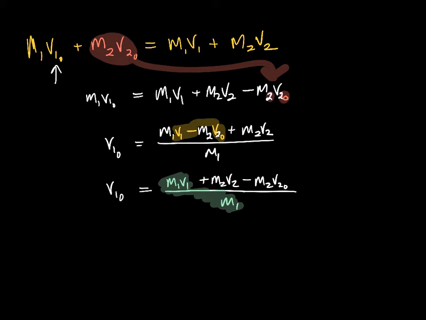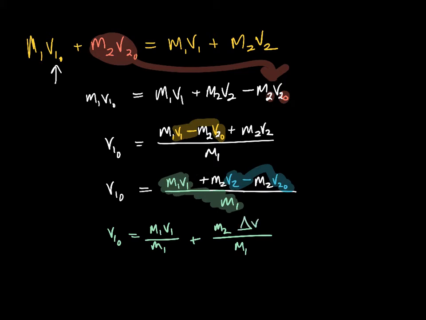So if you were to write it out explicitly, you'd have M1 V1 over M1 plus this other part will be mass 2, and this is where you have just change in speed 2. The V2 minus V2 naught, where they have the common factor, is just delta V2.